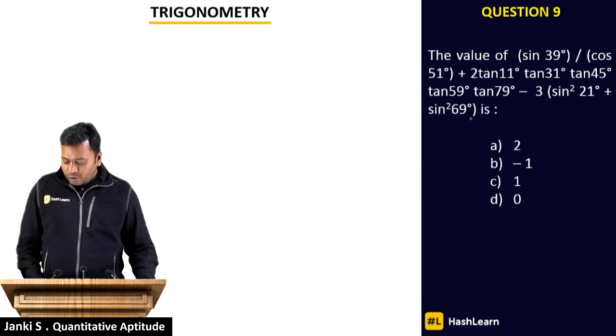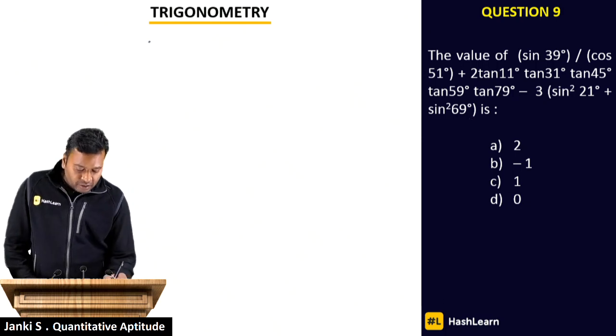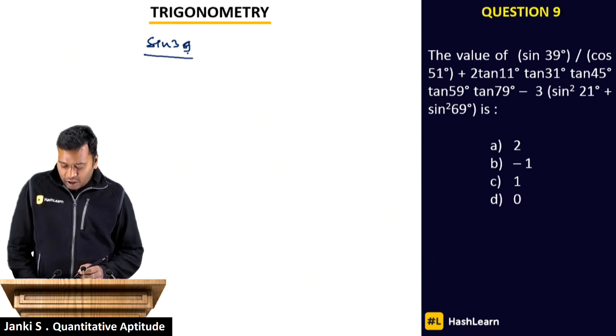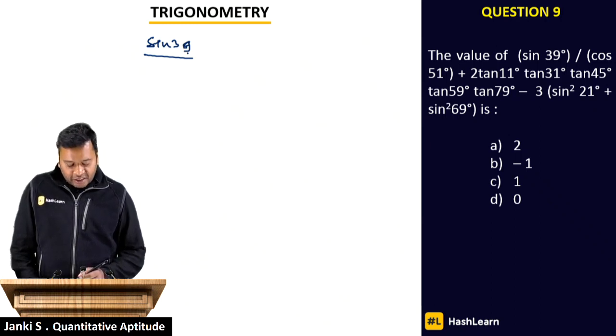Ninth one, the value of sin 39 divided by cos 51. तो अब ये तो पूरी तरीके से रिलेशंस पे है. Cos 51, can I write cos 51 as cos 90 minus 39?